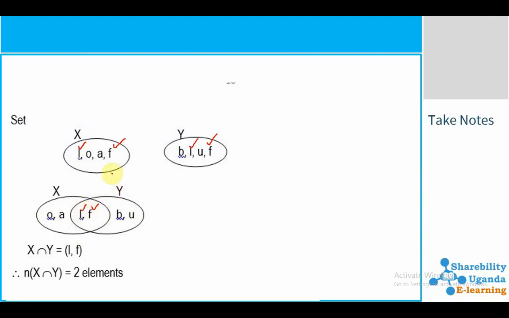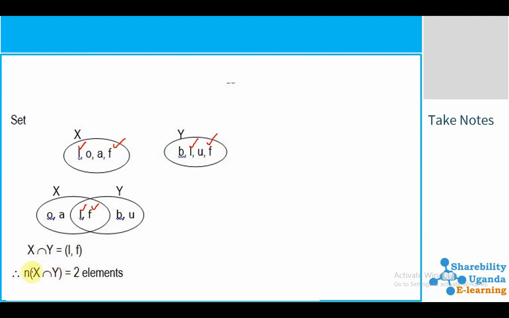Remember, in listing these, we list all of them once. Don't come and put them here again. Remember, we are trying to look out for the intersection part. So here we say X intersection Y is equal to, you list those members. When they ask you the number of members that are in common, this sign means intersection, the same as common.